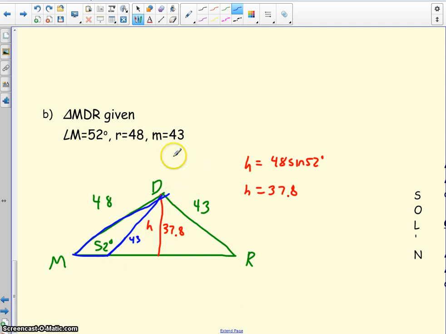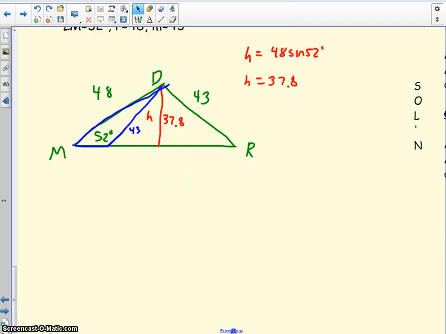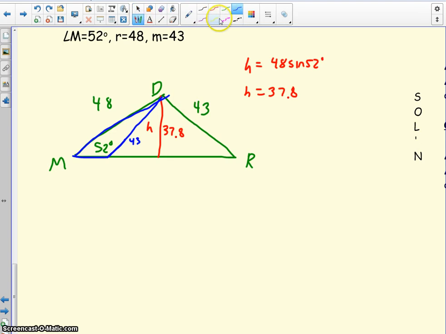So I'm just going to draw these triangles separately here so we can see them. The first one's going to be my original green one here. Let's draw that a little bit better. MDR, with this being 52 degrees, 48 and 43.